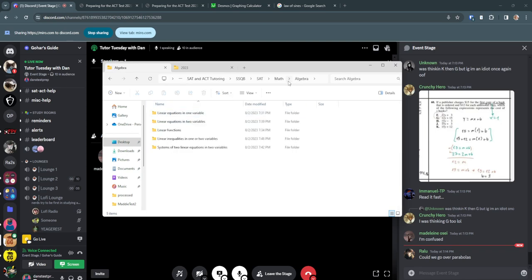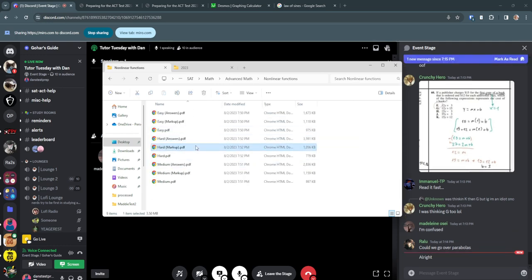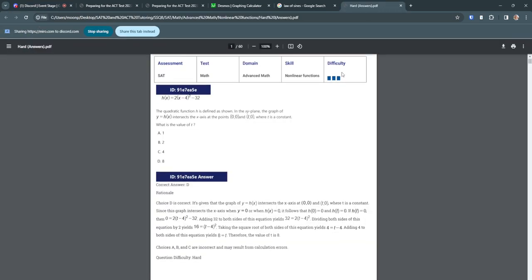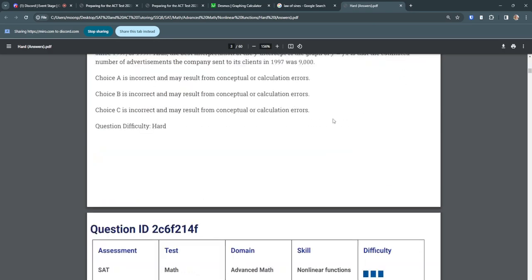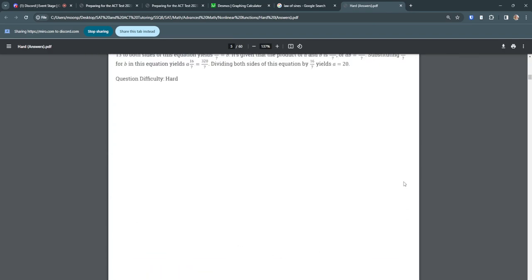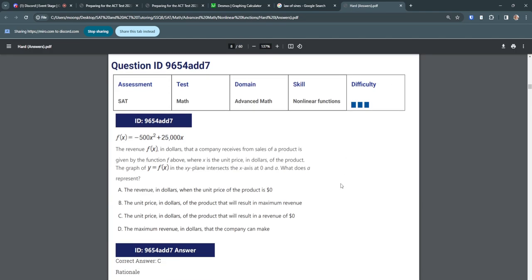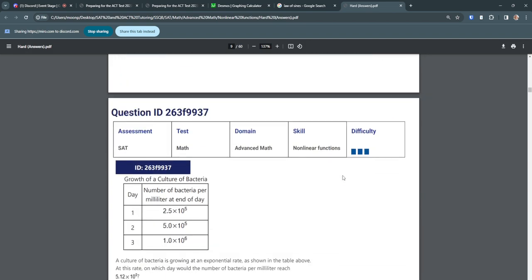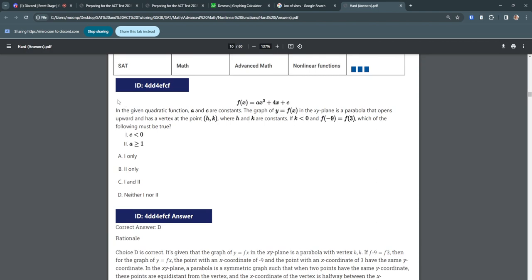So that would be in our advanced math section where we deal with nonlinear functions. We might have actually done this one last time, so let me look at something we haven't done. This one is a really interesting one.